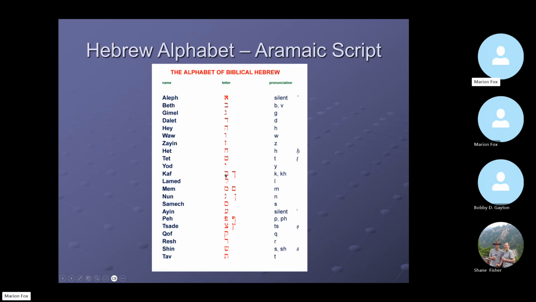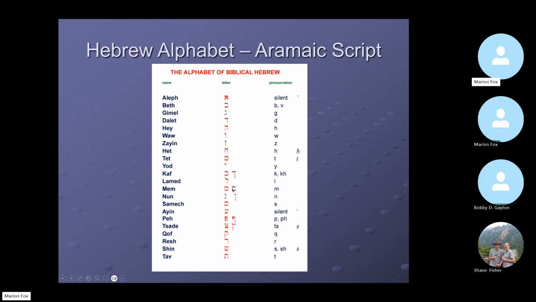So you could have a word that began with a Kaf and had some other letters between it, and then another Kaf at the end. This would be at the beginning, this would be at the end of the word. They have the same letter. Okay? So it gives kind of a KH sound whenever it's like this, or a K. Both of these do, so both of them have the same sound.